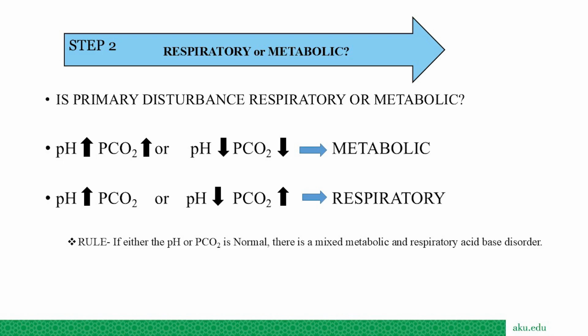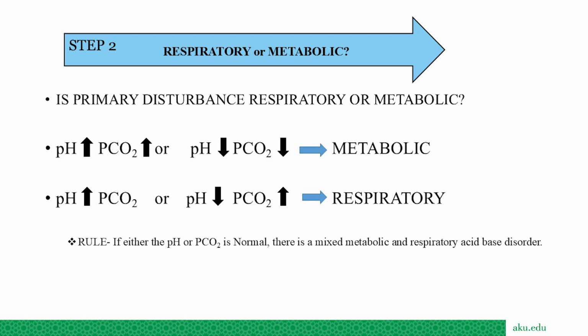What is the primary disorder? If the pH and PCO2 are rising or falling in the same direction, that means the disorder is primarily metabolic. However, if the pH and PCO2 are going in the reverse direction, either increasing or decreasing, that would suggest the disorder to be respiratory.